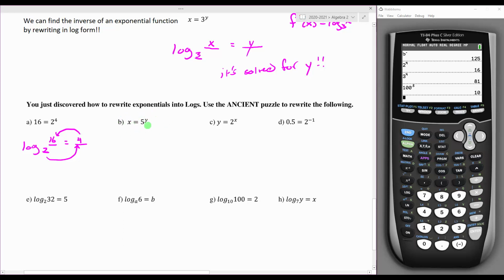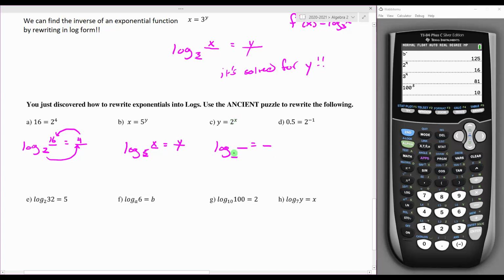We do the same thing for this one, very much like the problem we dealt with when we did our inverse. I have a log, 3 blanks: the base is 5, the power is y, and it has to equal x. So log base 5 of x equals y. Again, use your circle of life to double check those. Let's do it again. We're writing a log because we're starting in exponential form: base, input, output.